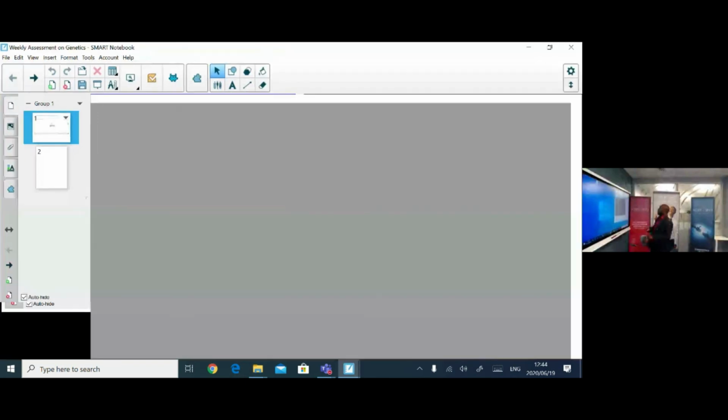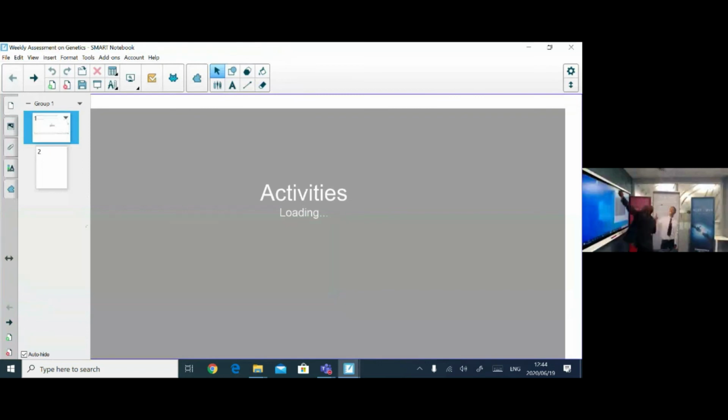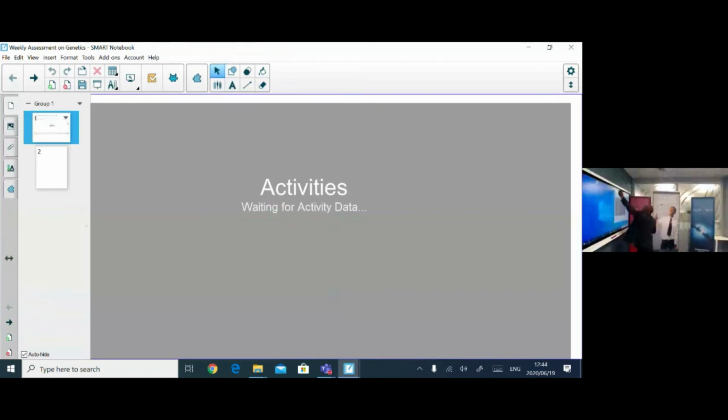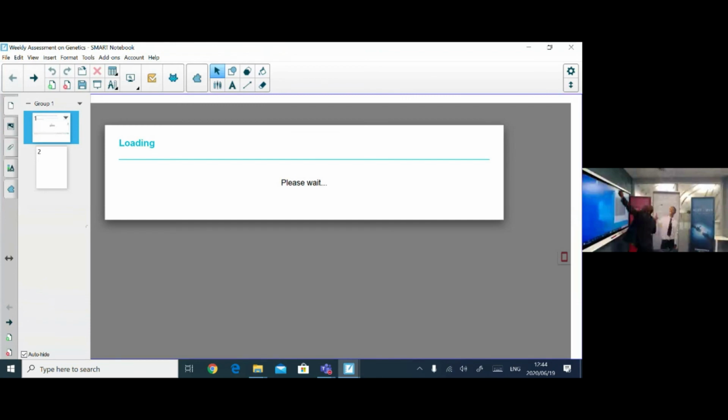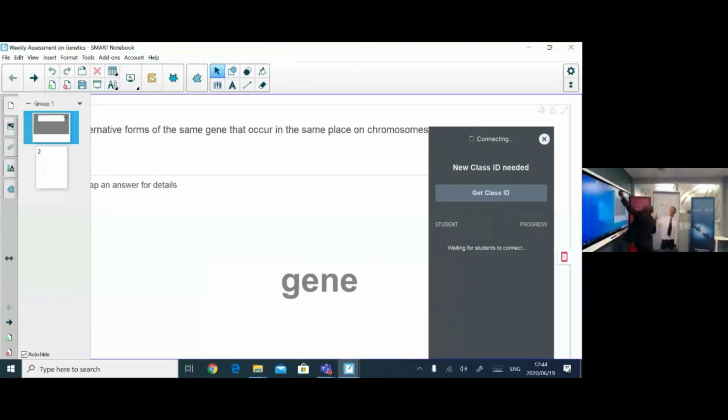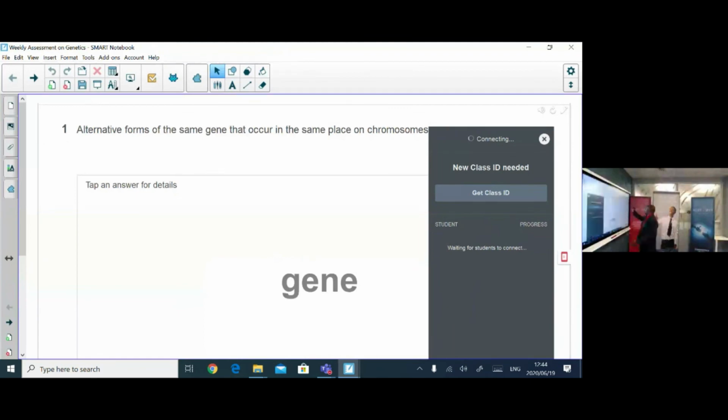And let's see if we can win. If we can win, then all good. If we can't, again, okay. Alternative form of the same gene, they are called alleles.